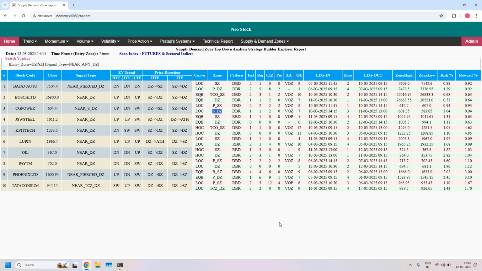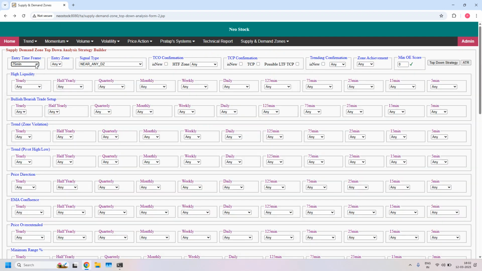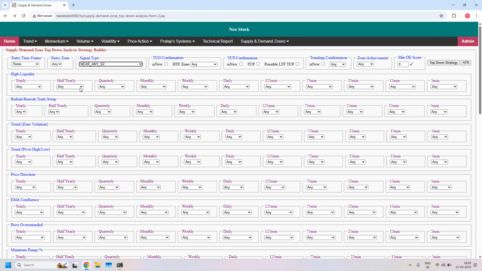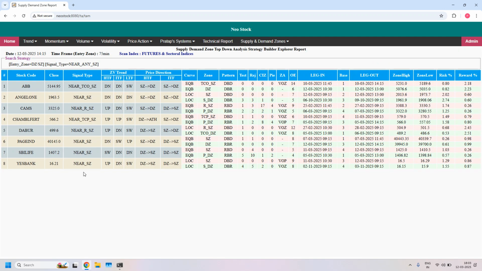That's it. We identified only one high liquidity 75 minutes demand zone from this list. Next, 75 minutes time frame. Let us find the stocks near 75 minutes supply zone. We got 8 stocks. Let us identify high liquidity supply zones from this list.